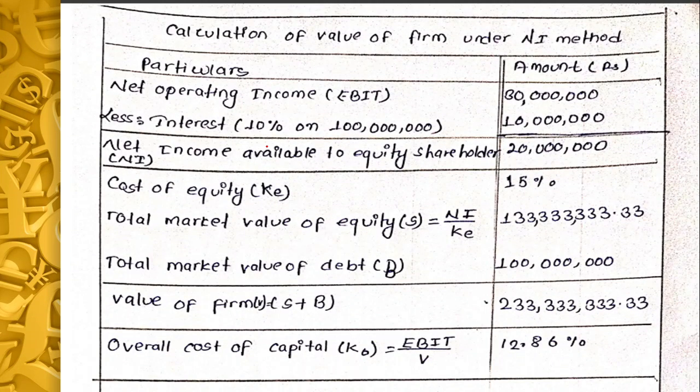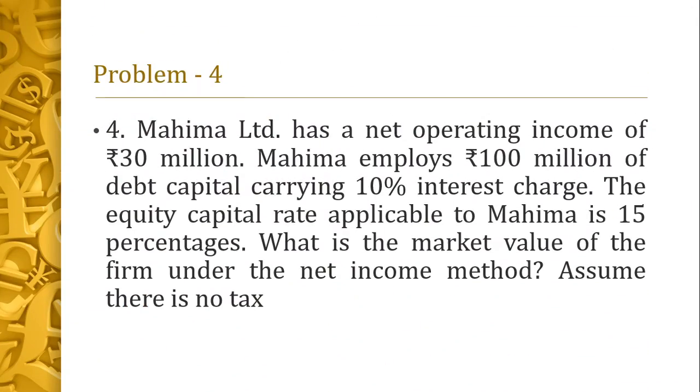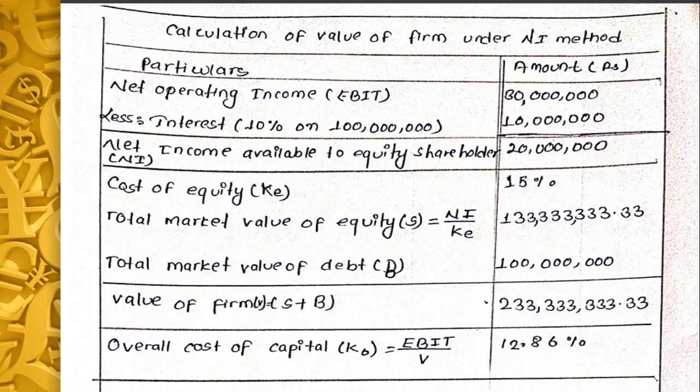Okay. Now we were speaking regarding the Mahima Limited company. This particular problem, almost 14 of you had sent the answer. Now see here. Here you have maintained 3, 3 and 2, but here you have forgotten to put the commas.